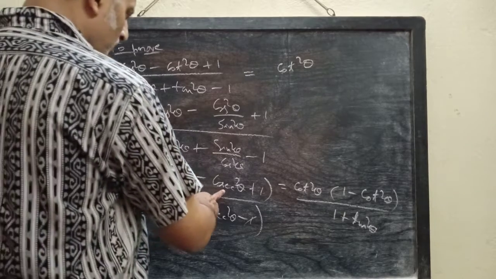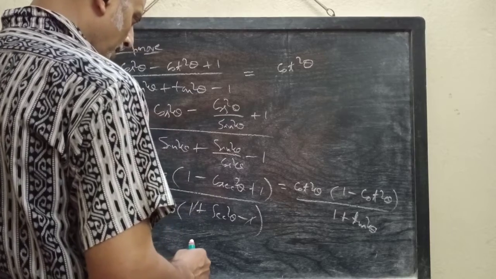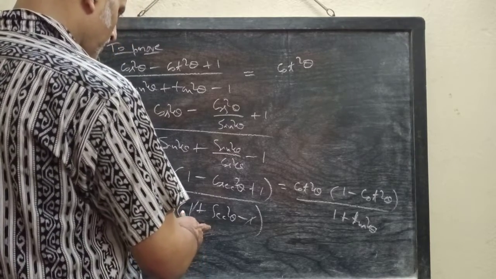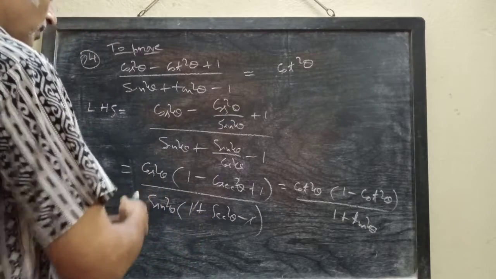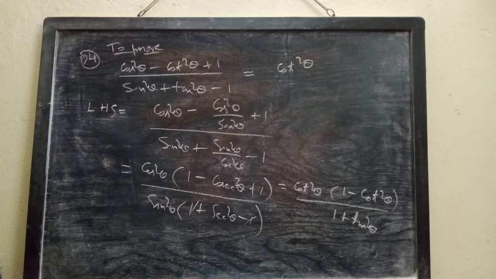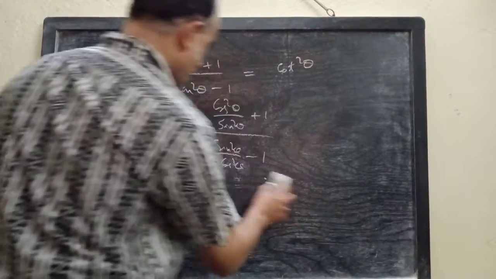This is 1 plus cos square theta, so minus 1 minus cos square theta. Okay. In both the cases I have made some mistake.